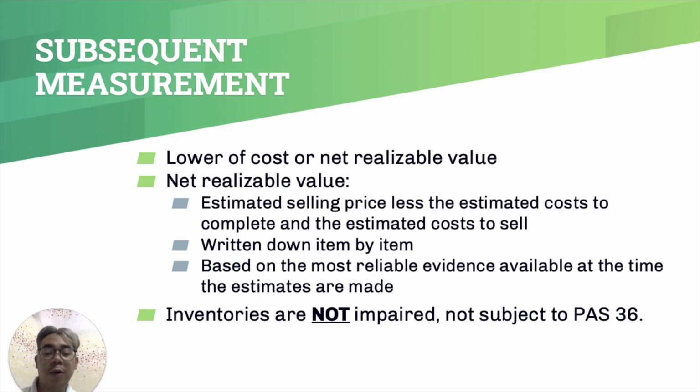Finally, subsequently, inventories are not impaired. Hindi po siya subject sa PAS 36, impairment of assets. Why? Because measuring it at the lower of cost or net realizable value is already an implicit impairment. So parang nag-impair ka na, kaya hindi na necessary na i-impair pa siya ulit in accordance with PAS 36.